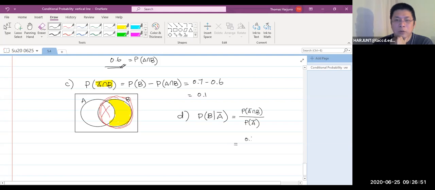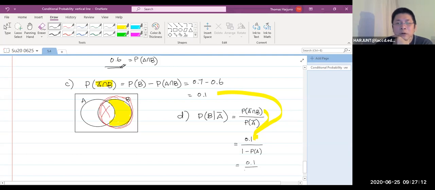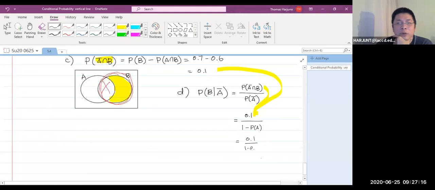That's 0.1. And how about the probability of not A? That's 1 minus probability of A, right? That's 0.1 over 1 minus 0.8. Eventually, you will see that's 0.5.